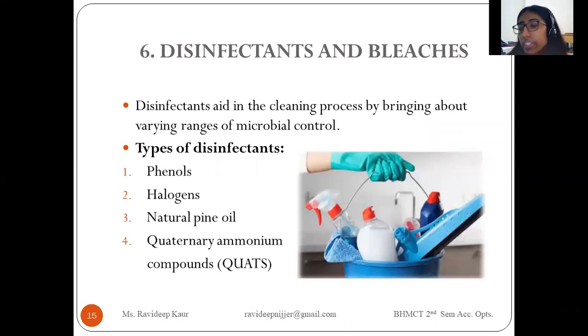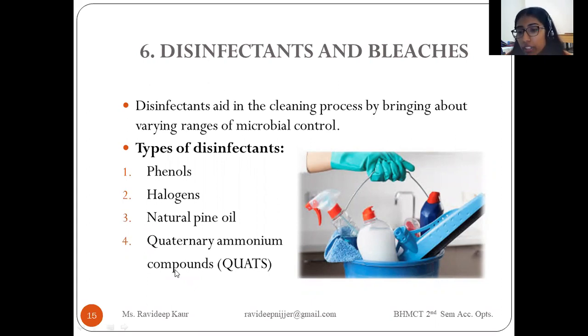Next, we have disinfectants and bleaches. This is our sixth kind of cleaning agent. Disinfectants aid in the cleaning process by bringing about varying ranges of microbial control. They are used to disinfect bacterial germs, and they come in various ranges.